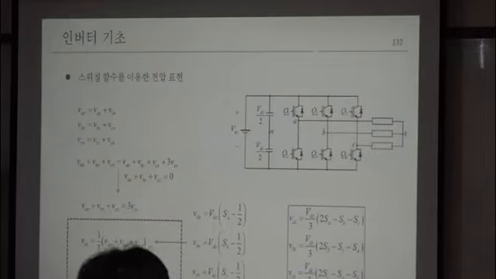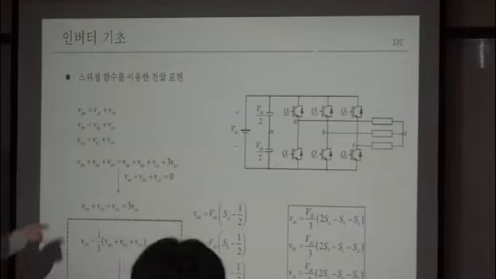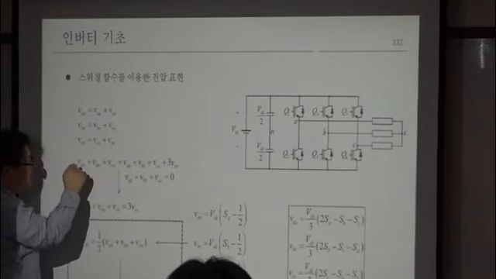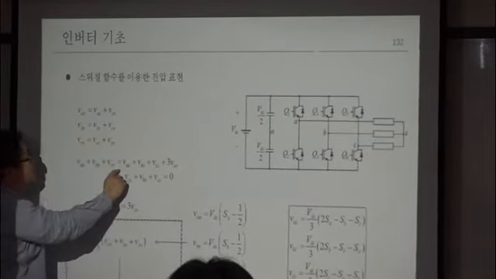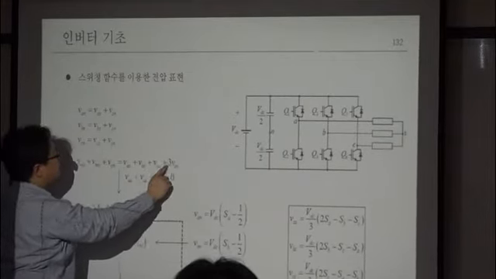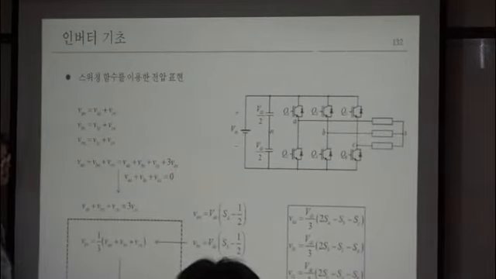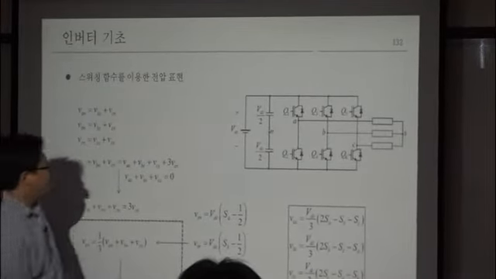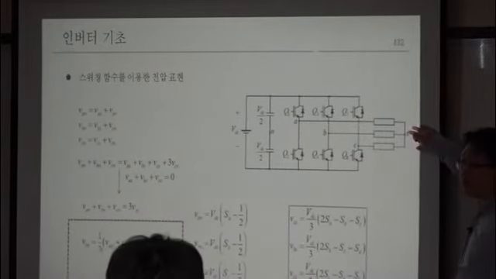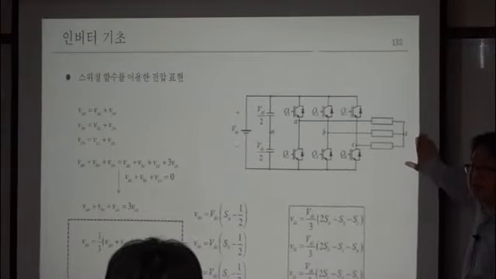Let's see here. If you sum these pole voltages, VAN plus VBN plus VCN is what? VAS plus VBS plus VCS plus 3 VSN. By the way, that is the phase voltage, and you don't have a neutral line in this case.